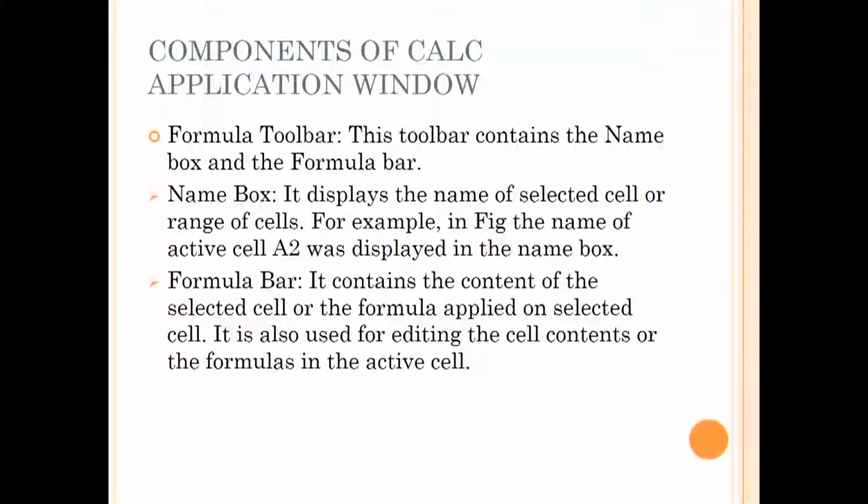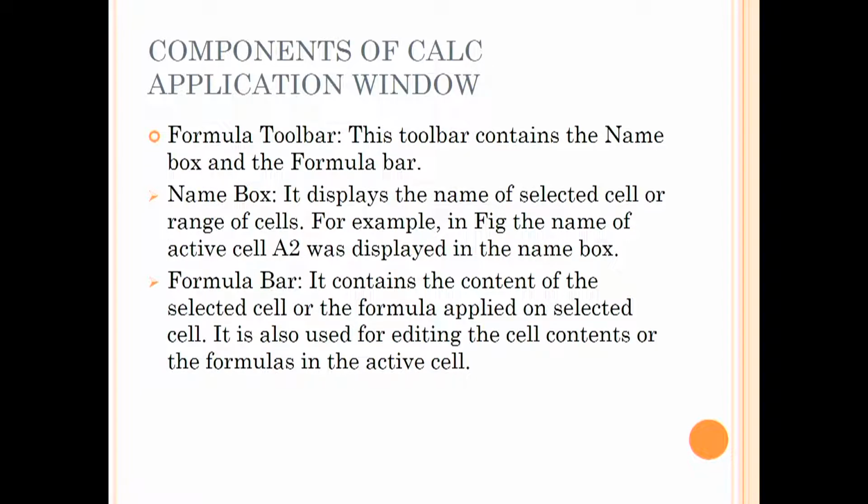The next component is the formula toolbar. This toolbar contains the name box and the formula bar. The formula bar again plays a very important role in the CALC application window. Whatever formula you are writing in a particular cell at the present moment is also reflected in the formula bar.